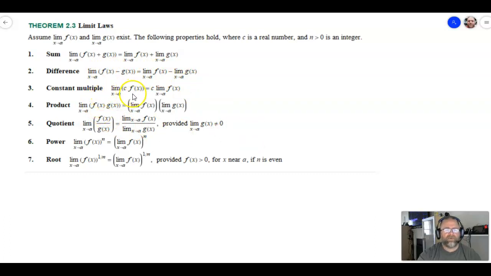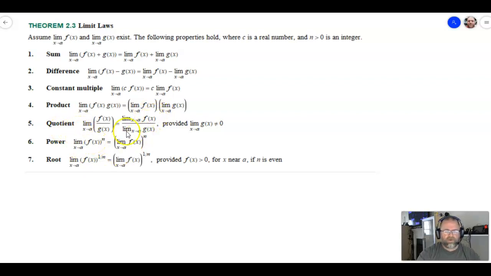That means that if we're taking the limit of some function times some real number c, we can take that c and pull it outside of the limit, evaluate the limit of just that function, and then multiply it by that value afterwards. The same kind of thing with the product here. If you take the limit of the product of two functions, we can separate that into the product of the individual limits of each of those functions.